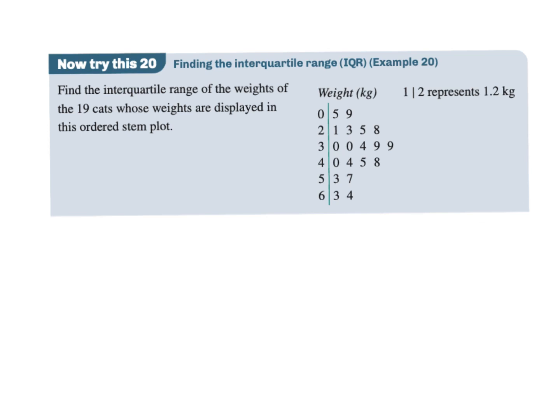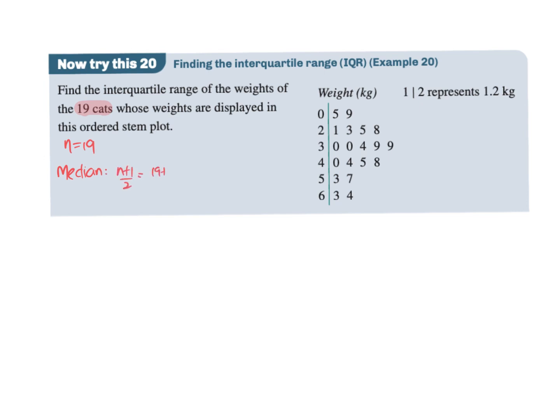So here in this example, it says find the interquartile range of the weights of 19 cats. So the first thing we've got there, overall we know N was 19. If you were finding where the median was, the median would have been found at N plus 1 divided by 2.